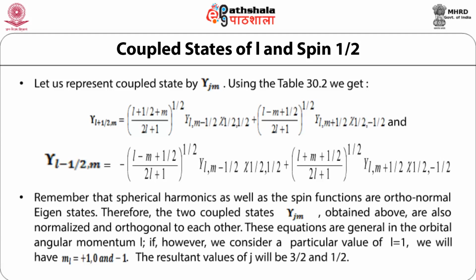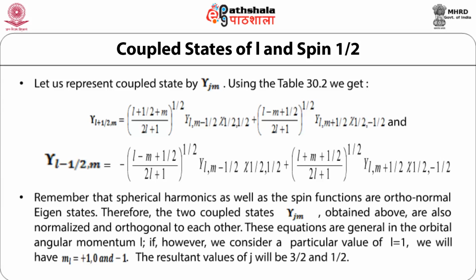Basically, what this means is that, as we know, for each value of the orbital angular momentum L, the magnetic angular momentum term will have 2L plus 1 values corresponding to L, L minus 1 and so on to 0 to minus L plus 1 and minus L. So in this case, since L is equal to 1, the values for the magnetic orbital angular momentum would be m_l equal to plus 1, 0 and minus 1.